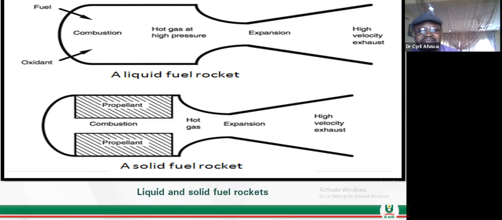Then hot gas at high pressure is produced, then expansion takes place. In the solid fuel rocket, we can see the propellant, and combustion is taking place. Then hot gas is released, and then expansion to a high velocity exhaust. So the high velocity exhaust is going out this way, and the rocket is being propelled forward.